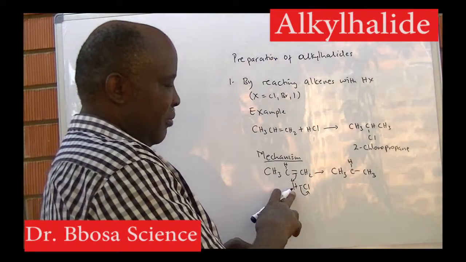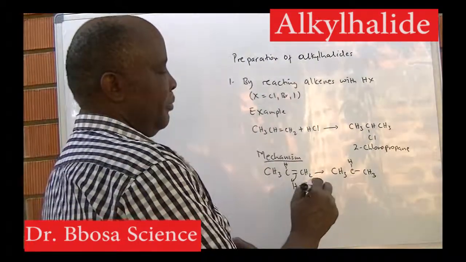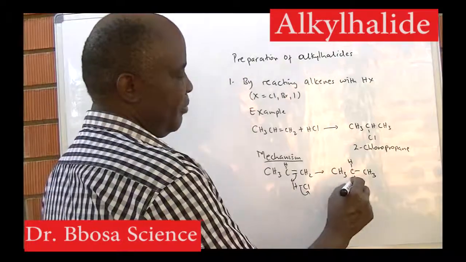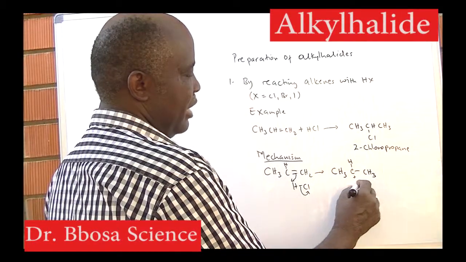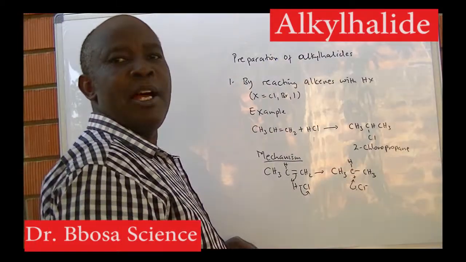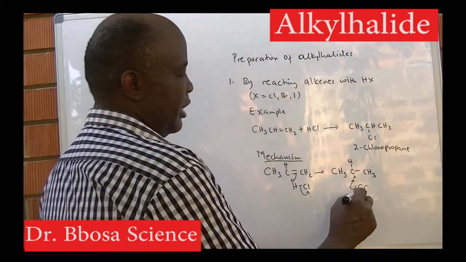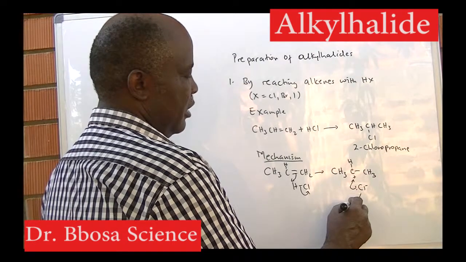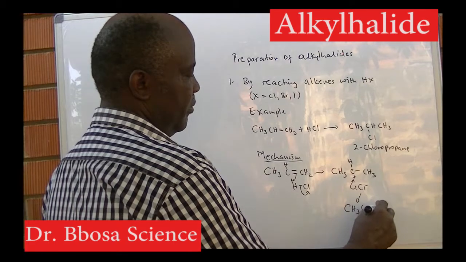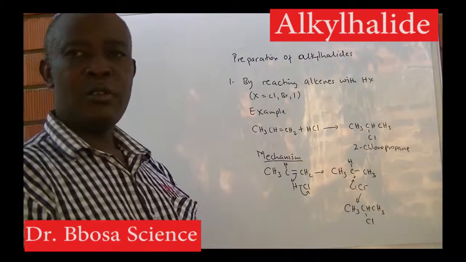The hydrogen atom goes to the carbon atom with the highest number of hydrogen atoms. Then a positive charge goes to the carbon atom with the least number of hydrogen atoms. Then a chloride ion goes to the carbon atom with the least number of hydrogen atoms. Then you get 2-chloropropane.